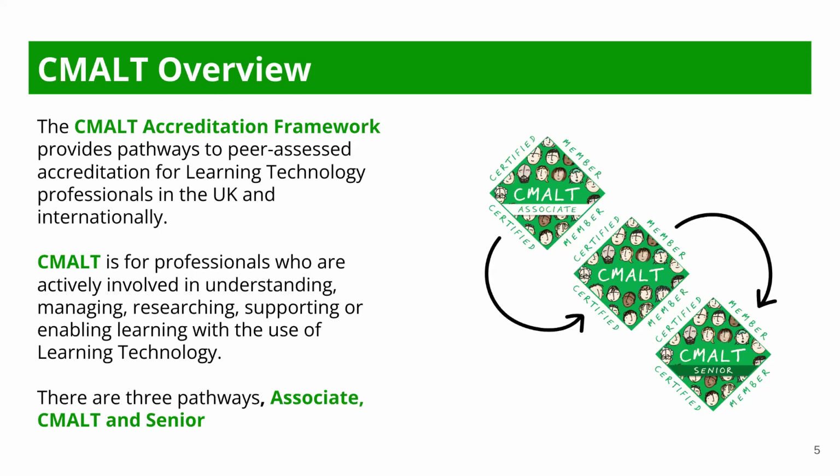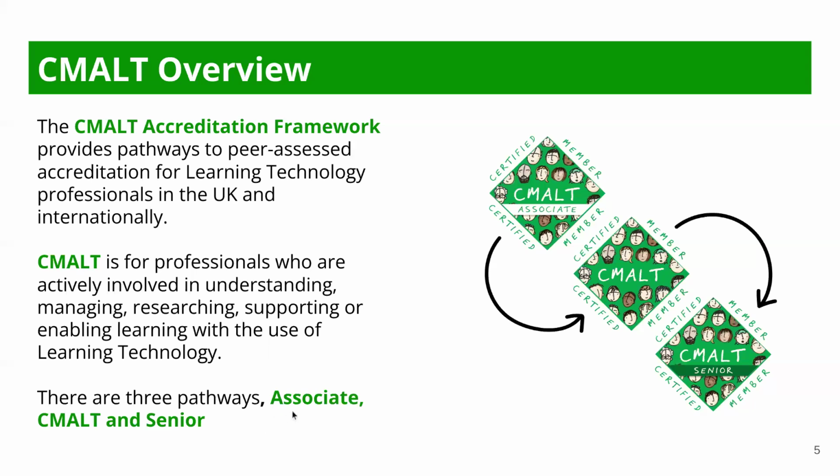So there are 3 pathways for CMALT. We have associate, we have standard CMALT, and we have senior CMALT. We'll talk a little bit more in detail about those and what that means for the portfolio throughout the session, but those are our 3 pathways. Generally, most people start on standard CMALT level, but depending on your job role and your experience within the sector, some people like to start on associate CMALT.